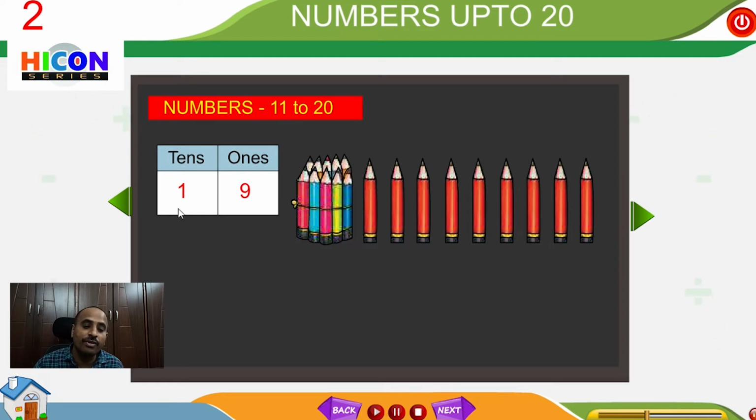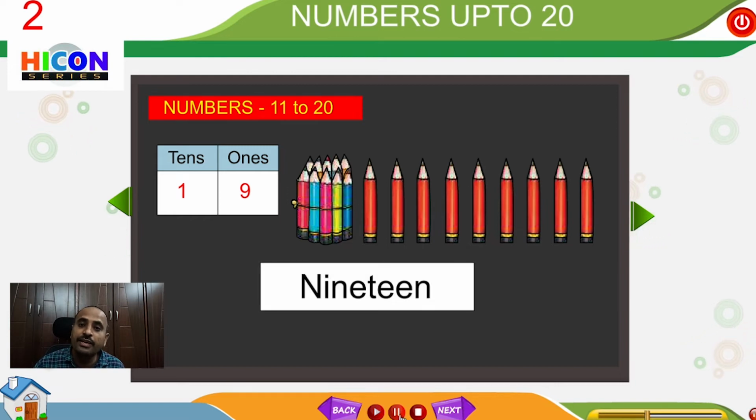So this number 1 9 together is called 19, and 19 can be written in words like this: NINETEEN. We can read it as 19. So children, go to the next number.